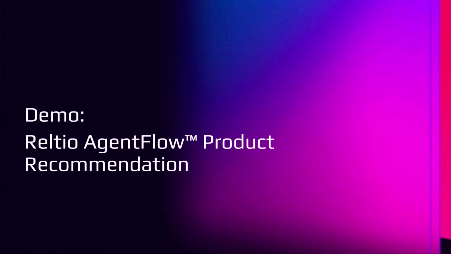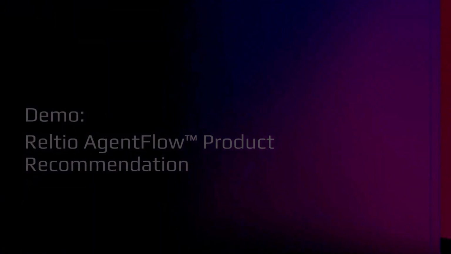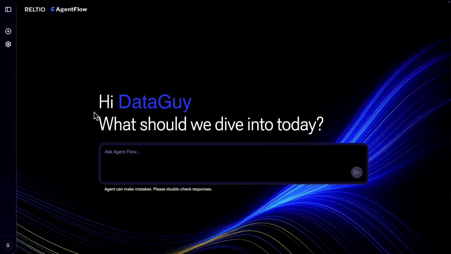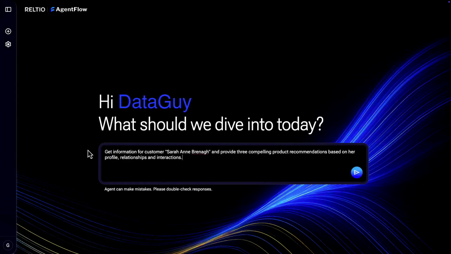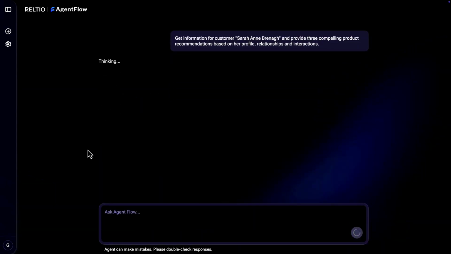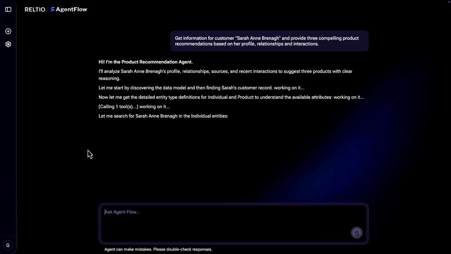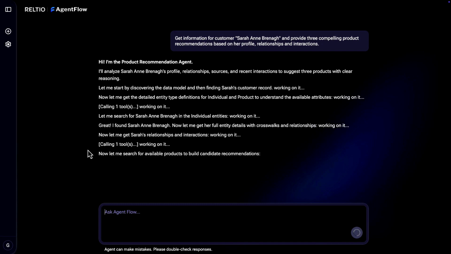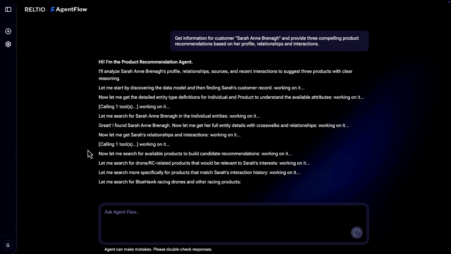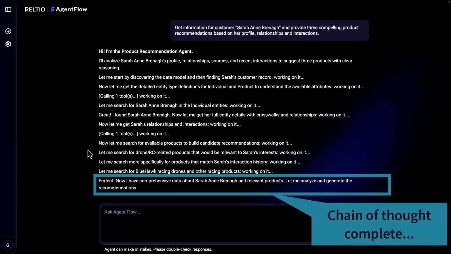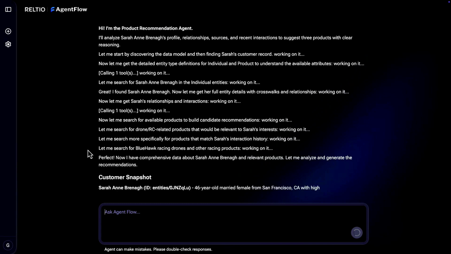So very similar to the previous demo, we'll drop into the conversational interface, and in this case, the question we're asking is, for a certain customer, we provided a name, Sarah Ann, and please provide 3 compelling product recommendations, and base that on her profile and different relationships that we see in the system and different interactions that they've had with us. And so the system's searching for that individual, and it finds a perfect match there.